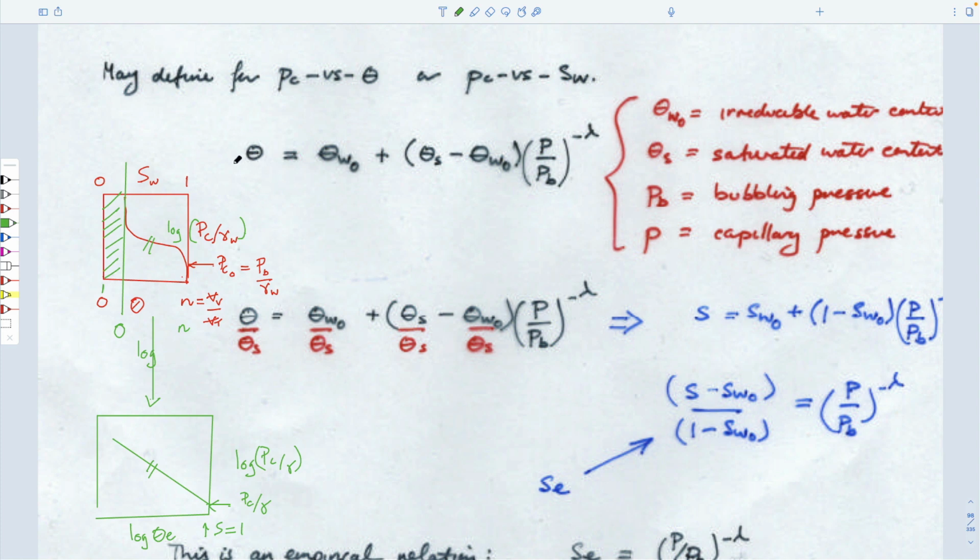And so as a function of this straight line, it's really just responding to this relationship here. And that's saying that at any value of the moisture content, we can define that moisture content as equal to the irreducible moisture content of water, the saturated moisture content, this would be equal to porosity, and this would again be the irreducible moisture content.